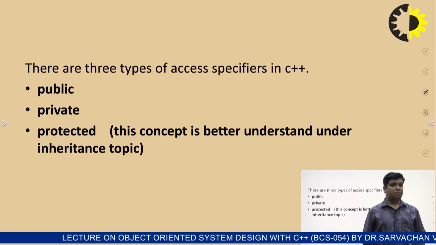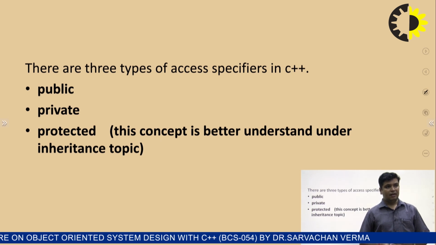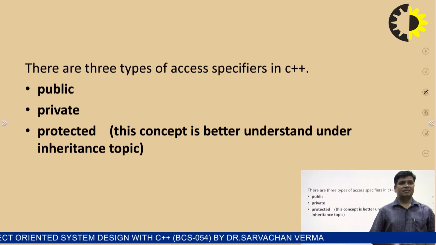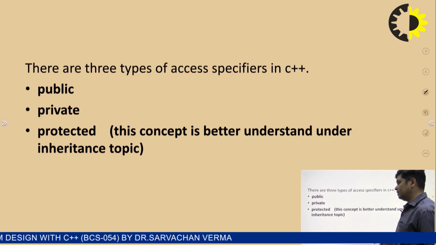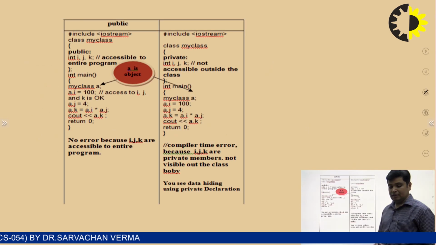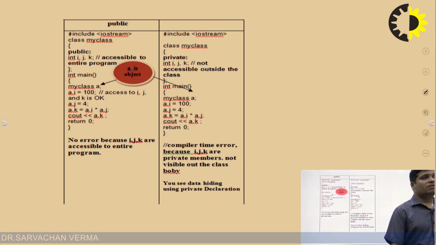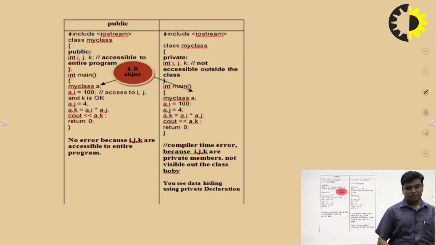If we declare private, what impact will there be inside the class? And protected we will discuss in the concept of inheritance. We will discuss one by one, and this is a very simple example, and you will see here I have one class named my class.